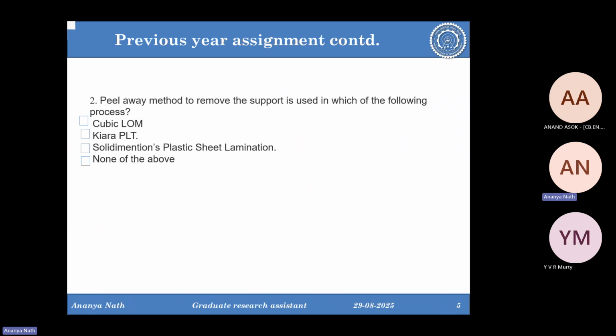Peel away method to remove the support is used in which of the following processes? Solid dimensions, plastic sheet lamination, the third one.